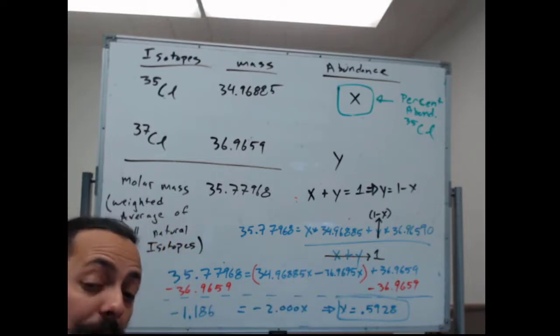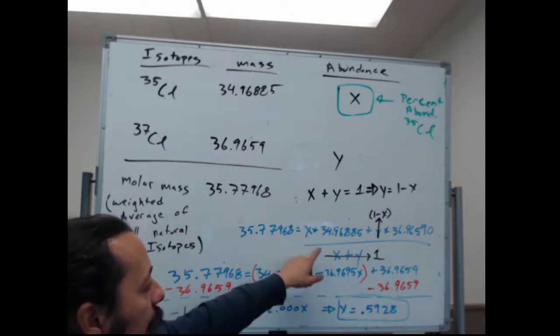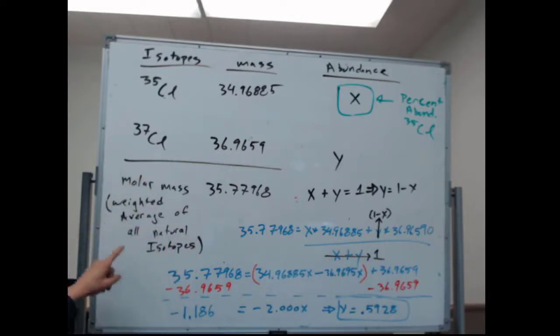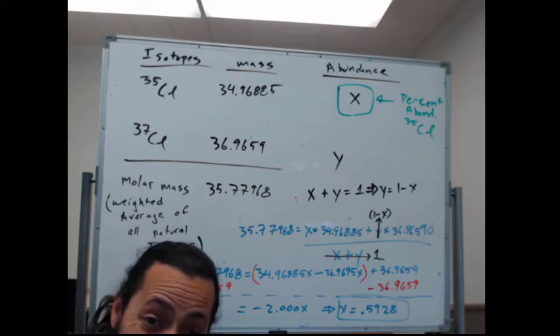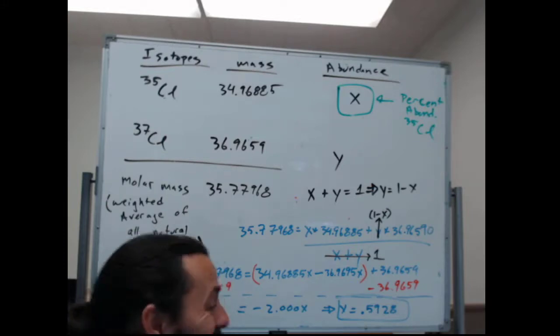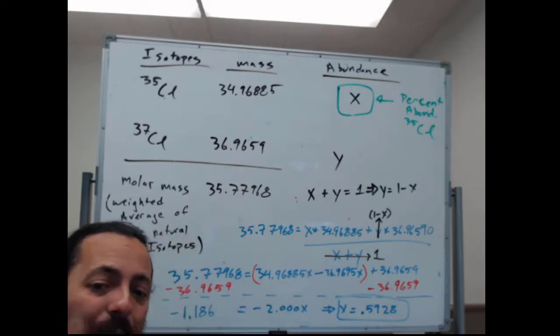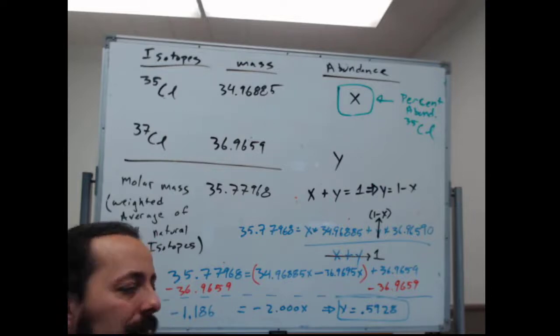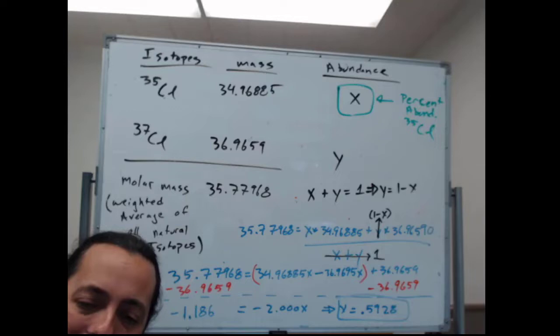If we were doing something that had 3 isotopes, you'd have x plus y plus z on the bottom, right? That's part of this definition of a weighted average. But wouldn't that still be 1 if it was 3 isotopes? Yeah, it would. Right, so it turns out that as long as we're always taking into account all of the naturally occurring isotopes, it's always going to add up to 1.